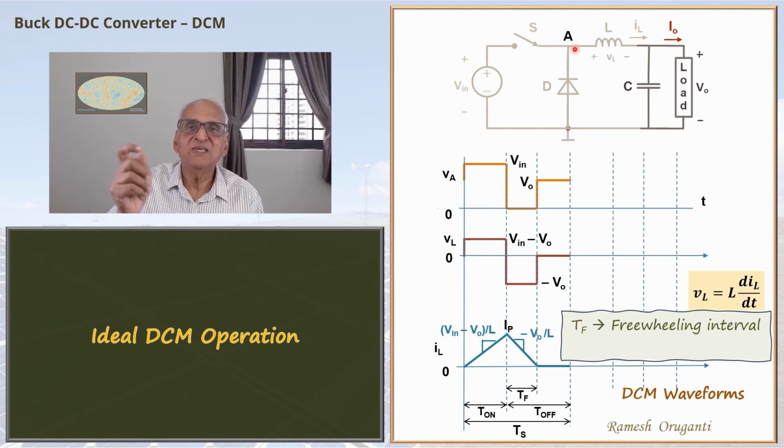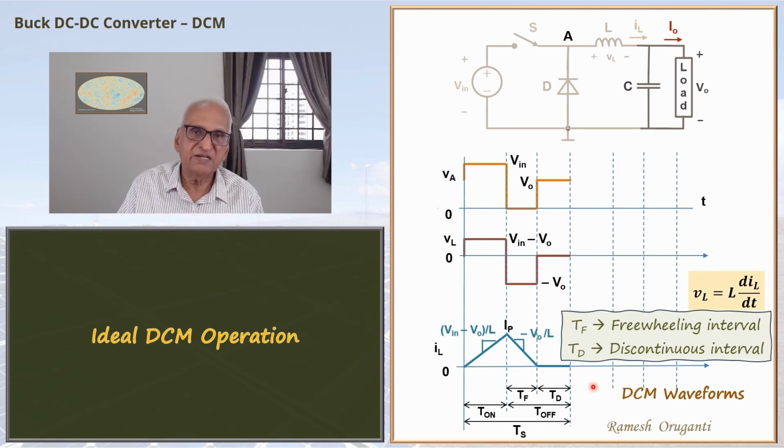So VA will be equal to V0. So this interval is the discontinuous interval TD. So the T-off, the off interval, is split into two parts: the freewheeling interval and the discontinuous interval when neither of the devices is conducting.